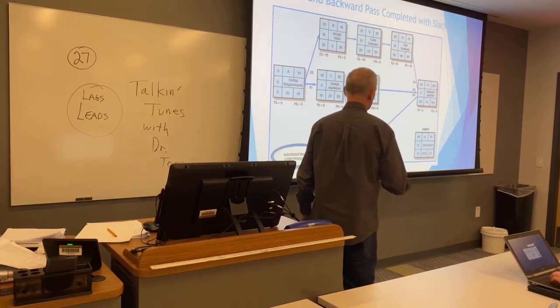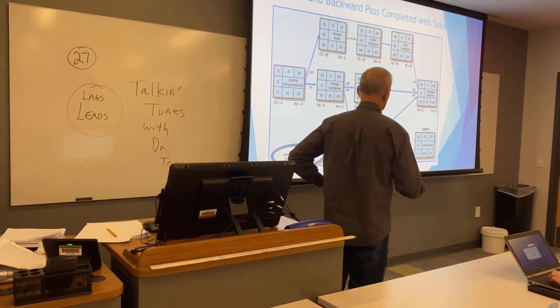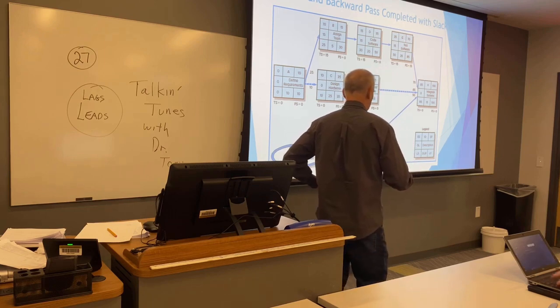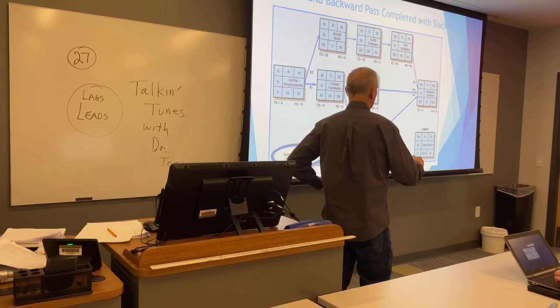So look at this. Here's the latest start. It's 85, right? I have 3 tasks that are preceding, don't I? I got G, I got E, and I got F. Right now, this is blank. This is blank. I know it says 85, but it's blank.